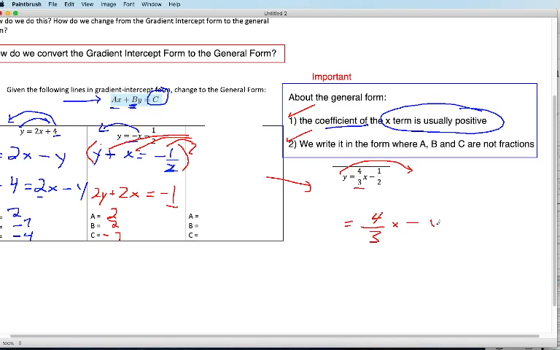So I have that. And I want my c on the other side, so if that's the case, I'm going to throw this -1/2 over here, and I get +1/2. So already it's starting to look like my ax plus by is equal to c. If you don't like it in this form, what you could also do is just rearrange it, so you have 4/3 x minus y, and you put the 1/2 on this side.